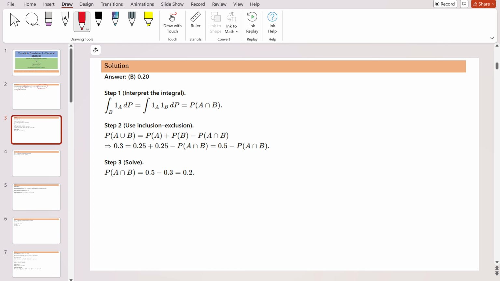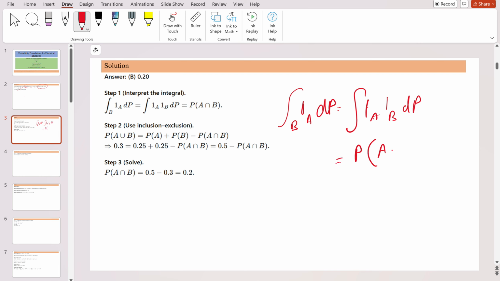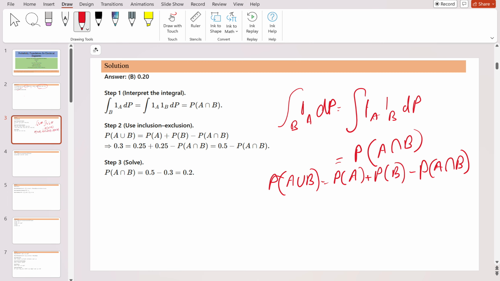When you compute this integral of 1_A 1_B dP, that is simply similar to the probability of occurrence of A intersection B. We already know that the probability of A union B is equal to probability of A plus probability of B minus probability of A intersection B. So how to find the probability of A intersection B?